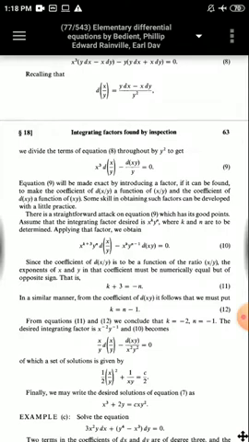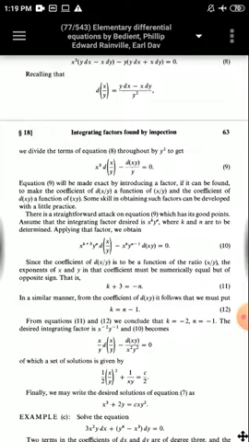Since the coefficient of d of x upon y is to be a function of the ratio x upon y, the exponents of x and y in that coefficient must be numerically equal but of opposite sign, that is k plus 3 is equal to minus n.